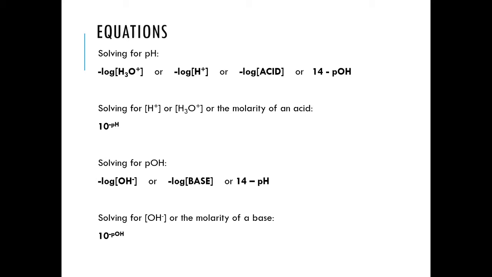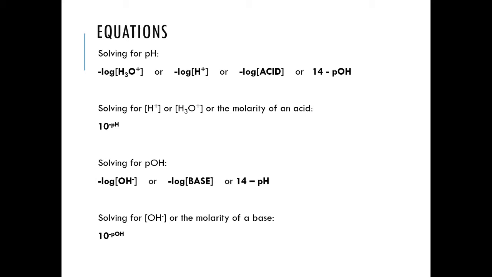So it's the negative log of the hydroxide concentration, or again, just like with acids, we can do the negative log of the concentration of a strong base, because of course strong bases completely dissociate. And then the flip side of that other equation, pH plus pOH equals 14. So again, if you have one, you know the other, just subtract it from 14. So pOH would be 14 minus the pH.